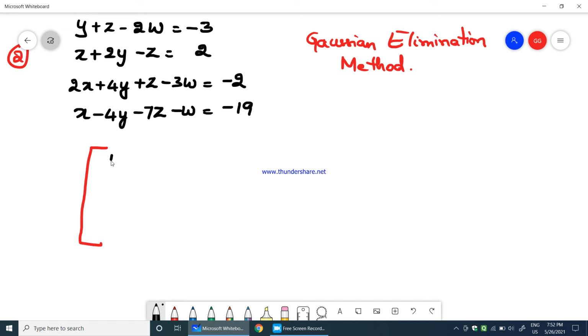So therefore it is 1 1 minus 2 1, 0 0 1, because x is not there.